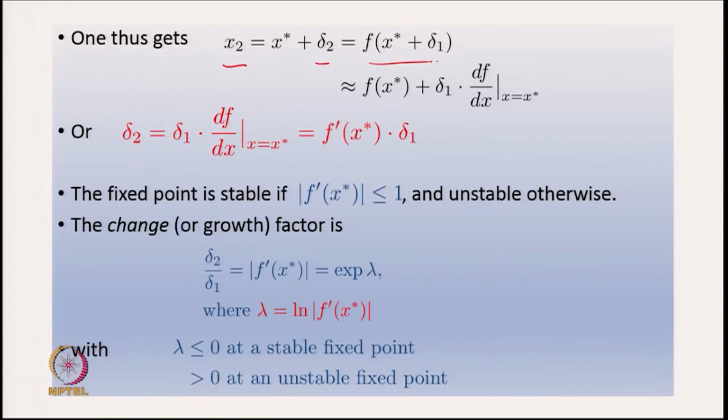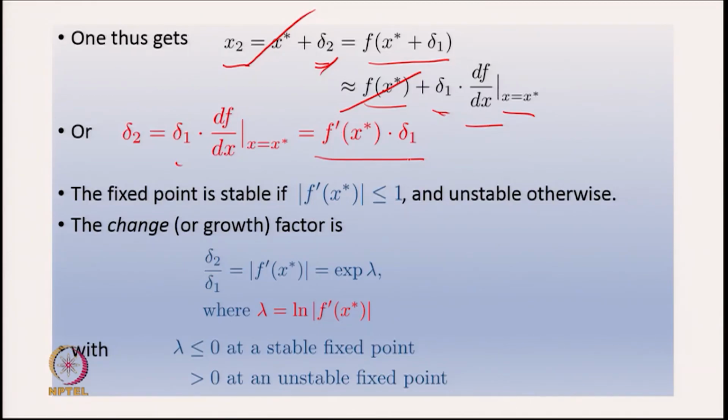This is just f of x star plus delta 1, and doing a Taylor expansion and retaining just the first term says that this is approximately f of x star plus delta 1 times the derivative of the function f at the point x star. Since f of x star is equal to x star, we find that delta 2 is equal to delta 1 times df by dx at x star, or in more compact notation, f prime at x star times delta 1.